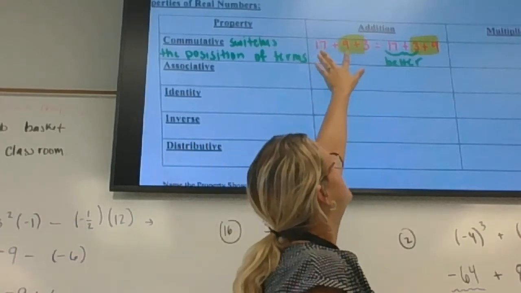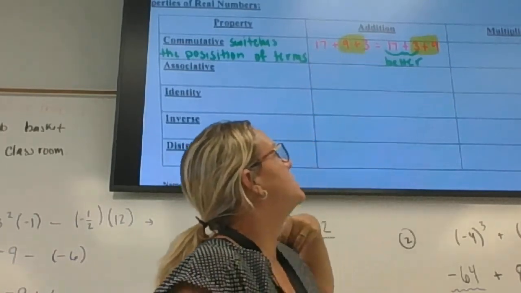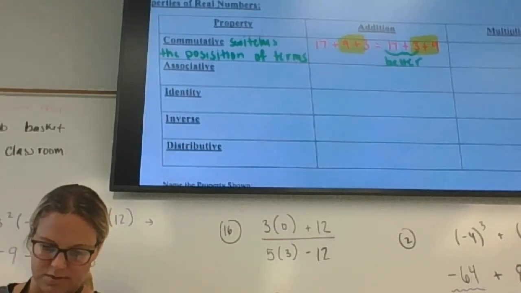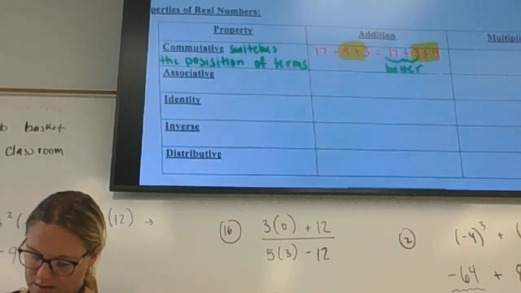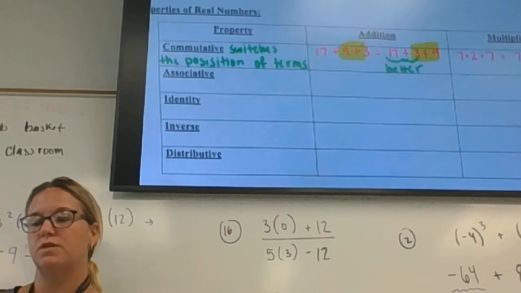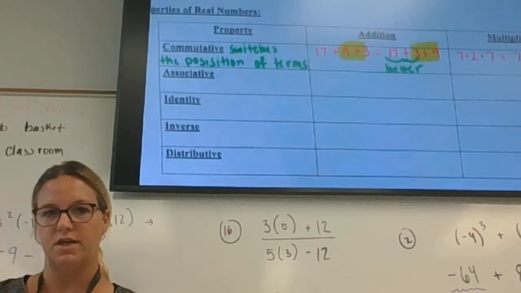It's a lot better than doing this math. So that's an example of a commute, the 3 switched. And that's the same for multiplication. If it's all multiplication, you can put those in any order you want to.